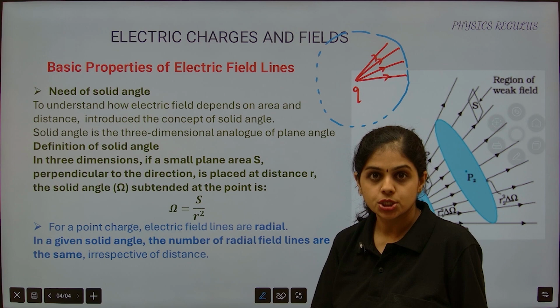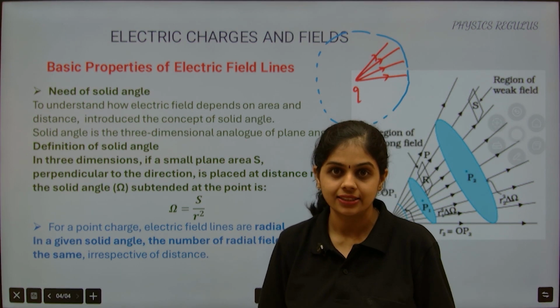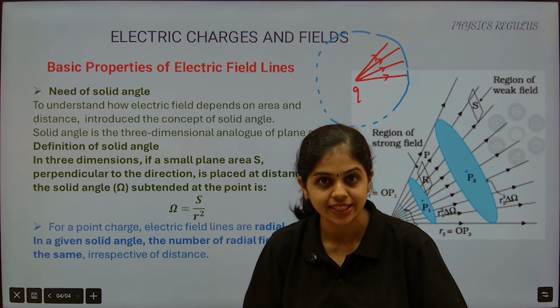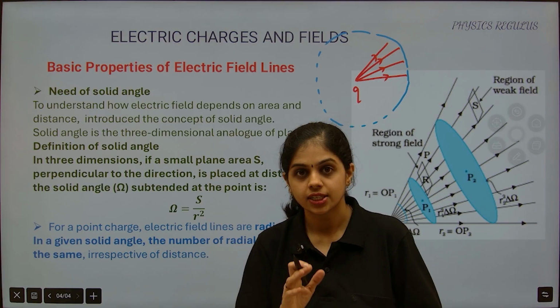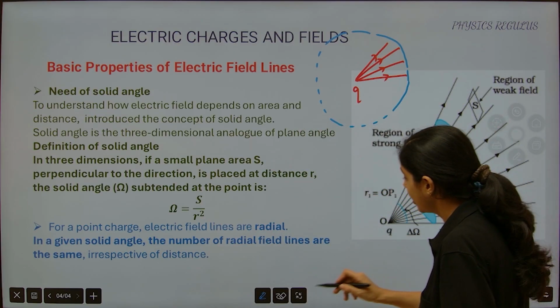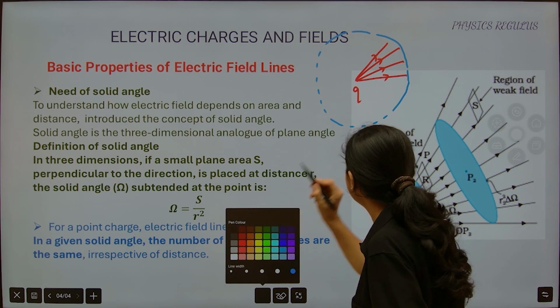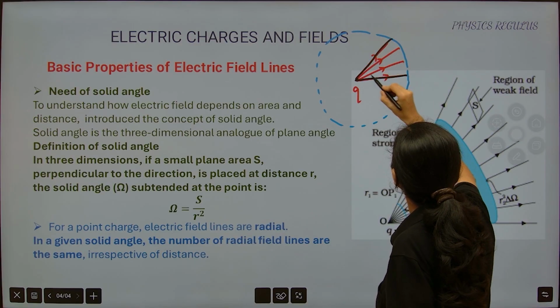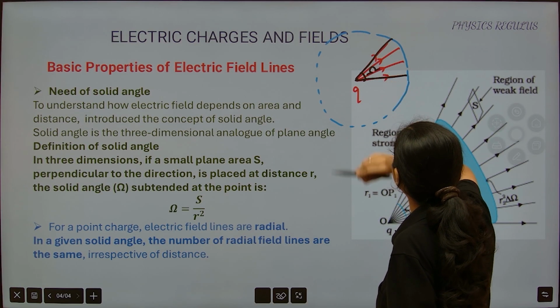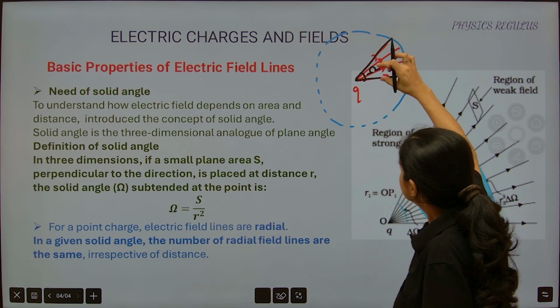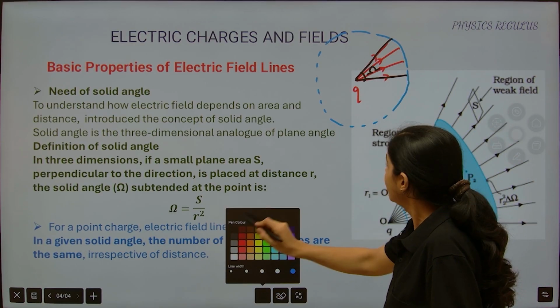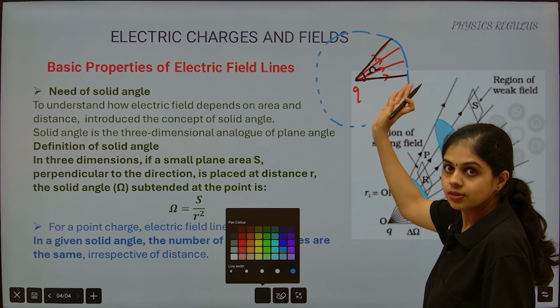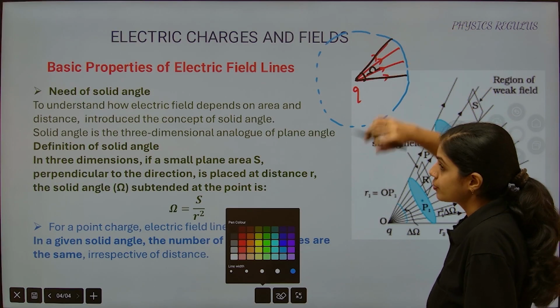In 2 dimension, we use plane angle theta, but electric field is 3-dimensional. Here we consider solid angle omega, 3-dimensional angle omega. This is angle omega. For given solid angle, number of field lines are constant, whatever may be the distance.